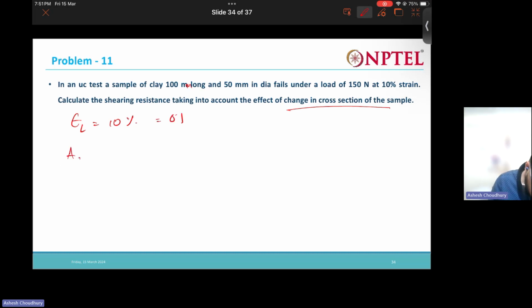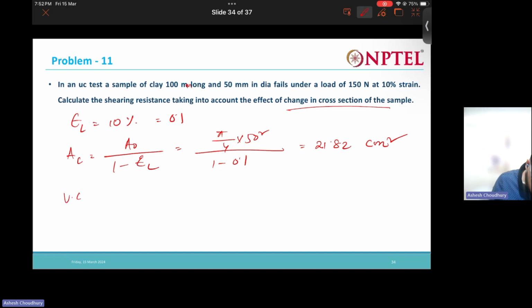Now corrected area is A0 divided by 1 minus strain. A0 is pi by 4 into 50 square, divided by 0.9, nothing but 21.82 square. Now what is UCS of clay? Q_u is 150 divided by area, 21.82. That will give us the unconfined compressive strength, because the failure load divided by the area gives us the UCS.